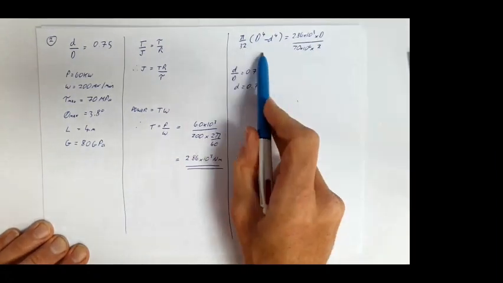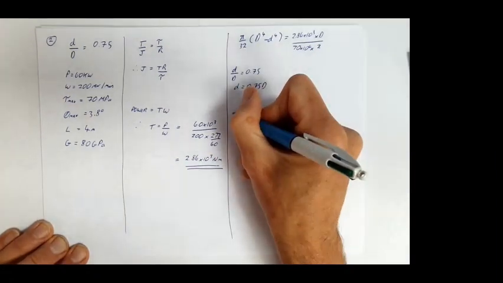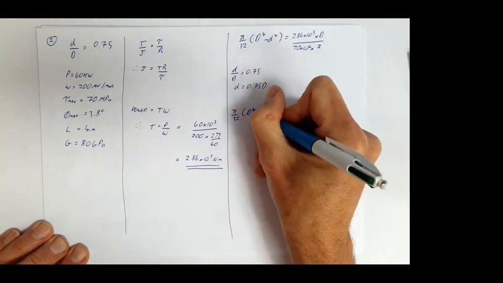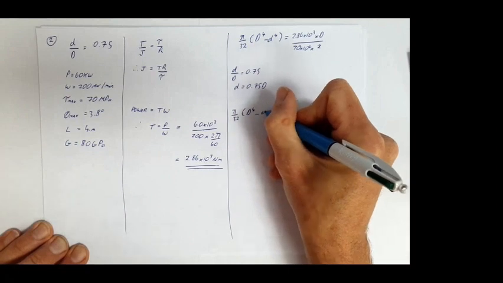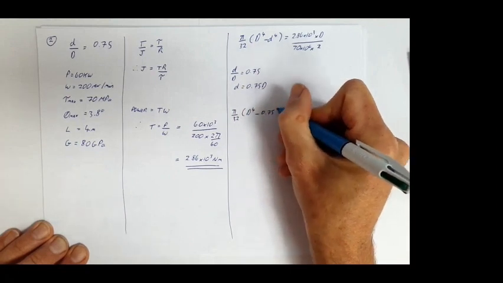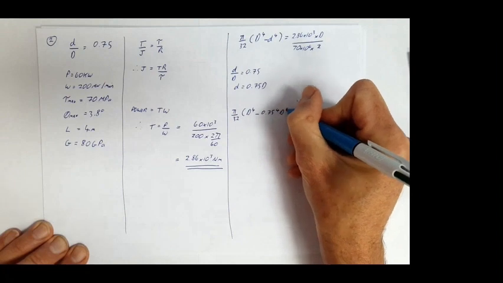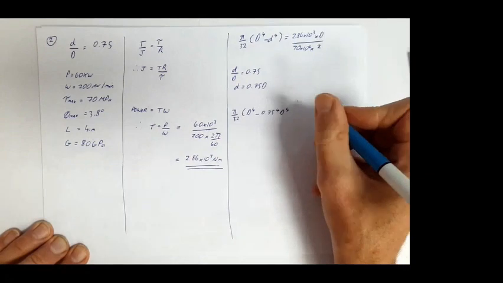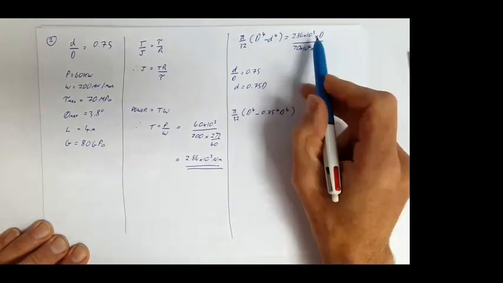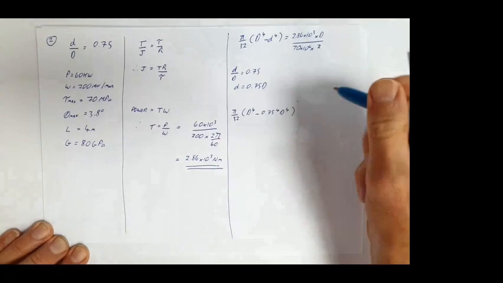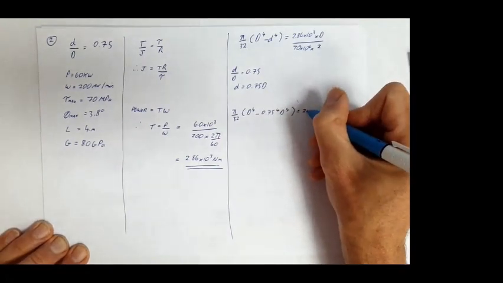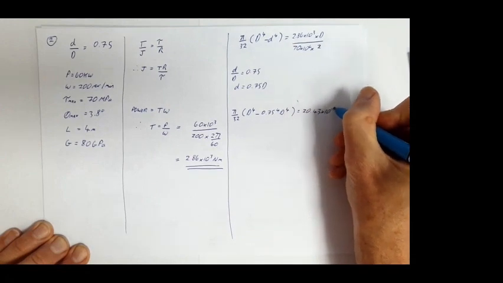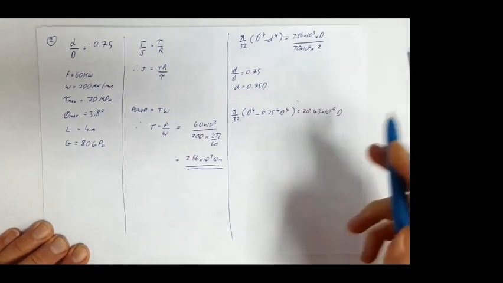So if we go back to this equation here, we can rewrite that as pi over 32 D to the 4 minus 0.75 to the 4 D to the 4, equals, calculate that, what do we get? 20.43 times 10 to the minus 6 times large D.